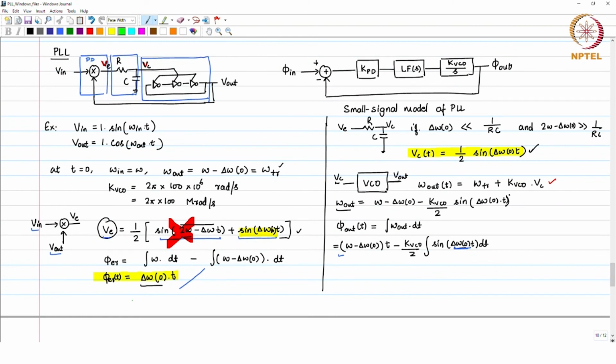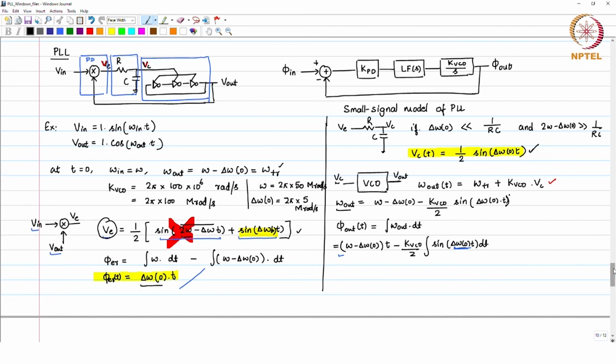And to verify simply, you can think about it that initially the example here which I chose was that your omega was 2 pi into 50 mega radians per second. Okay. Delta omega 0 was equal to 2 pi into 5 mega radians per second. Okay.